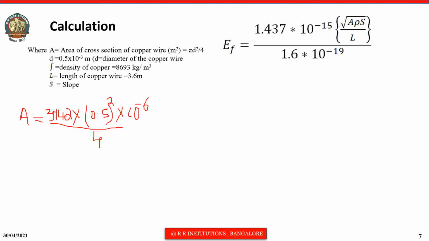If you calculate this, the answer is 0.1964 into 10 to the power of minus 6 meter square.